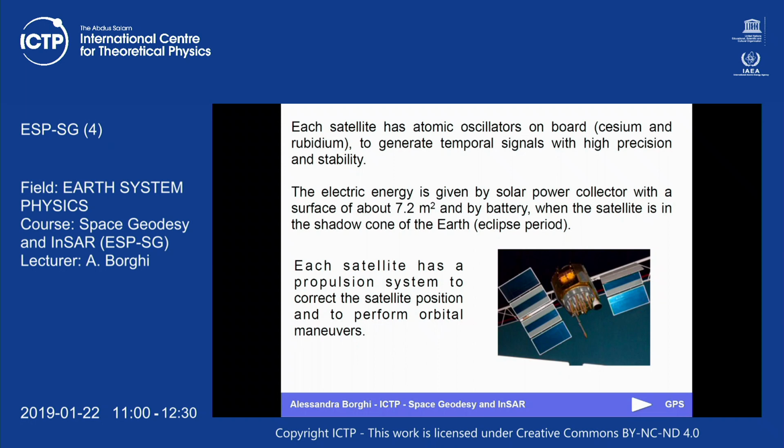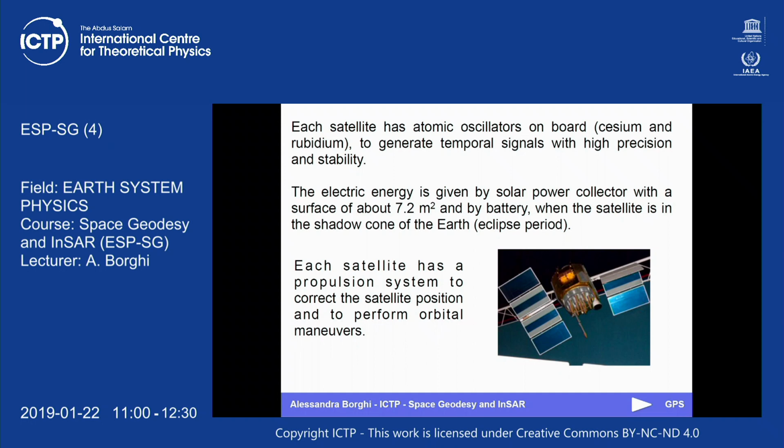From the figure you can see solar panels, because we provide power by the sun, and on board there are also batteries, because when the satellite is behind the earth and cannot see the sun, you need to have sufficient power to continue its work.